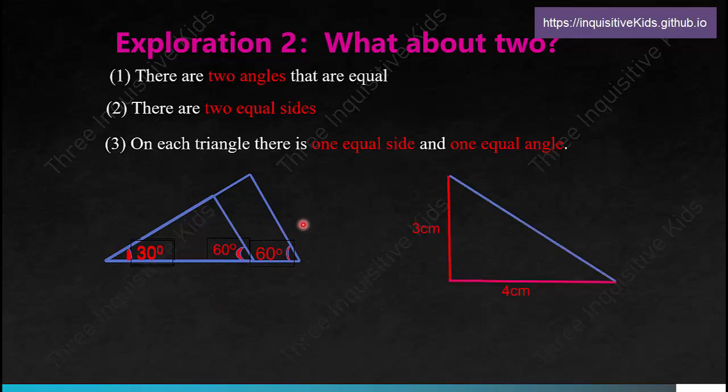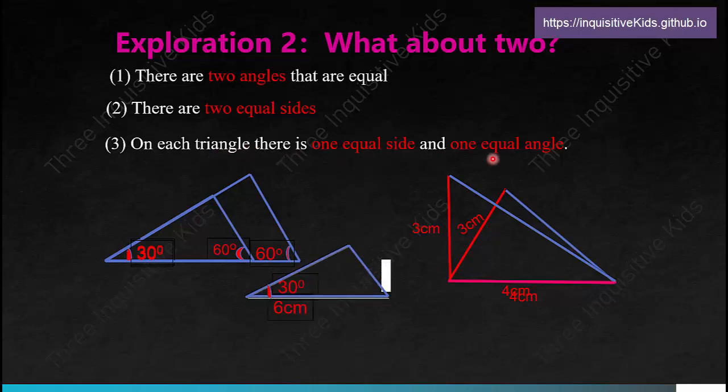Now let's look at 2. There are two equal sides. First we have a triangle and one side is 3 centimeters long, another side is 4 centimeters long. Over here we have another triangle and one side is 3 centimeters long and the other side is 4 centimeters long as well, but they're not congruent. Now let's look at 3. On each triangle there's one equal side and one equal angle. So there's one angle that's 30 degrees and one side that's 6 centimeters.